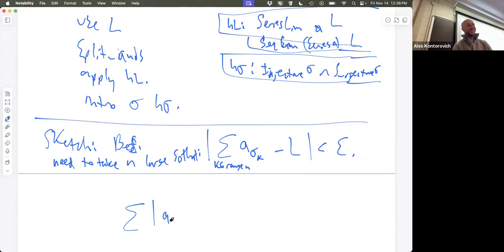Just the original, just regular. Love it. In range N is that the distance to L is less than the same epsilon for some N for all.